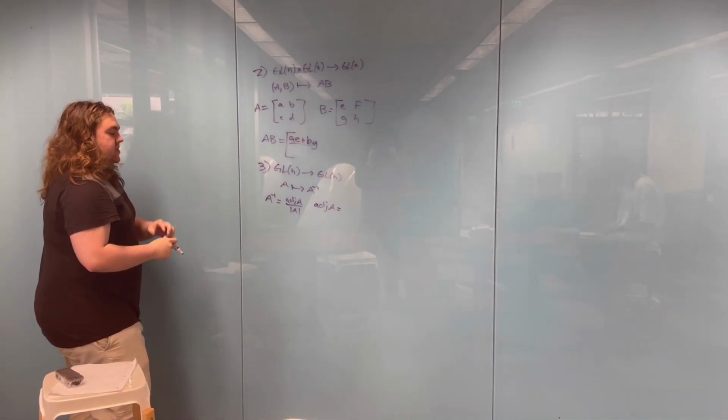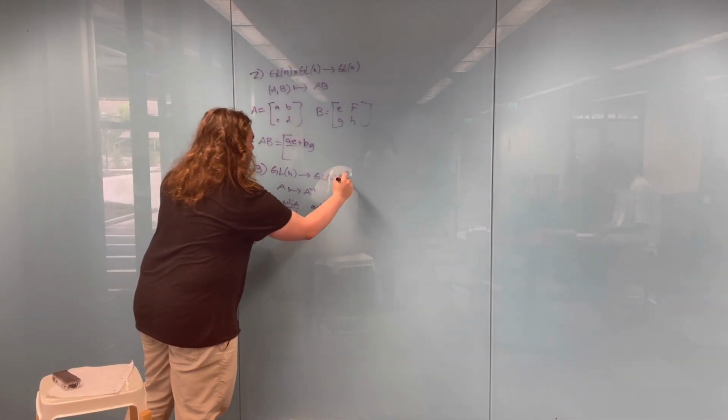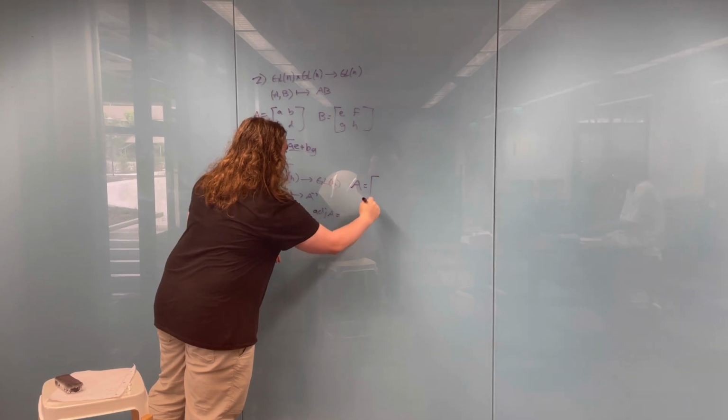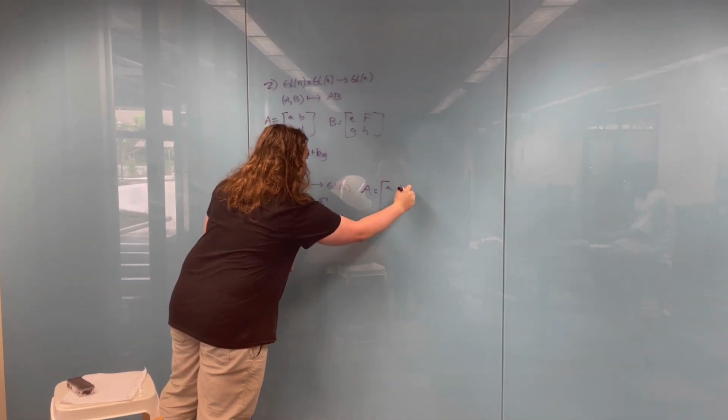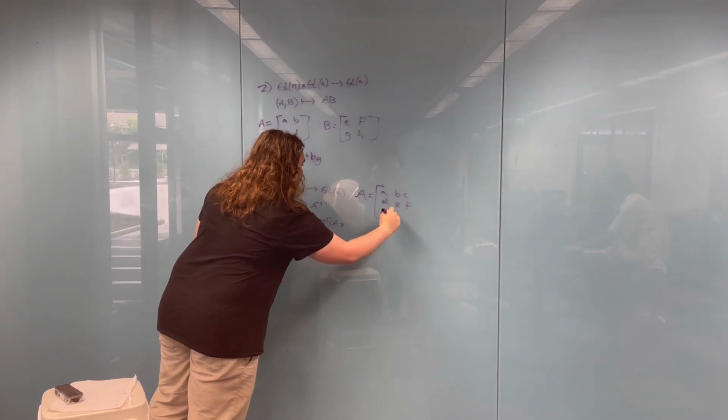So let's take, for example, A to be a 3 by 3 matrix: a, b, c, d, e, f, g, h, i.